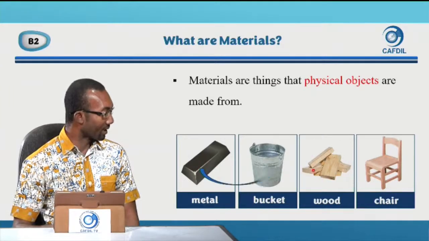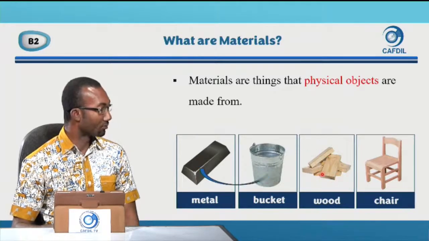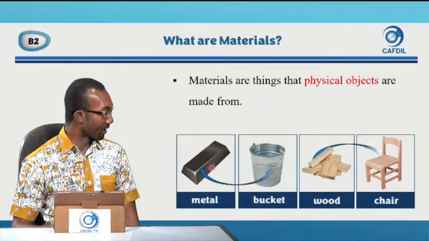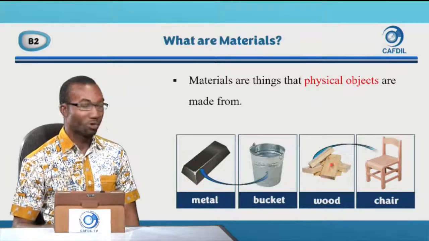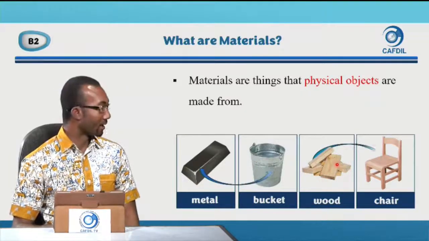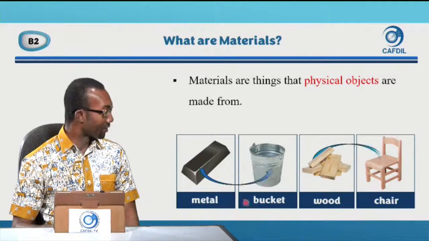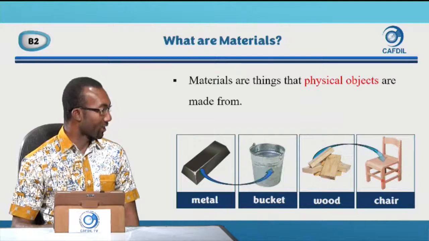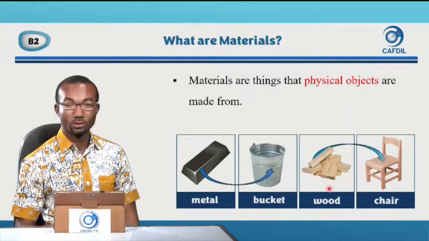If you look at another material here, wood, what do we get from wood? We get this chair from this wood. So the metal here is a material. The wood here is also a material. And we get a bucket from this material called metal. We get this chair from this material called wood.